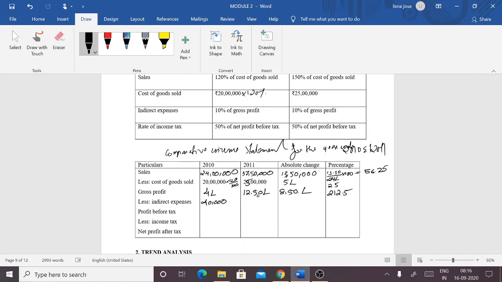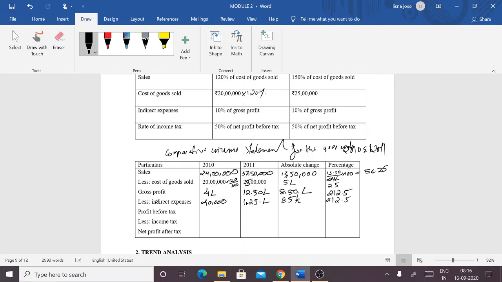And here, on 12 lakh 50,000, the 10% is 1,25,000, that is 1.25 lakh. The absolute increase is 85,000, and the percentage is 212.5.